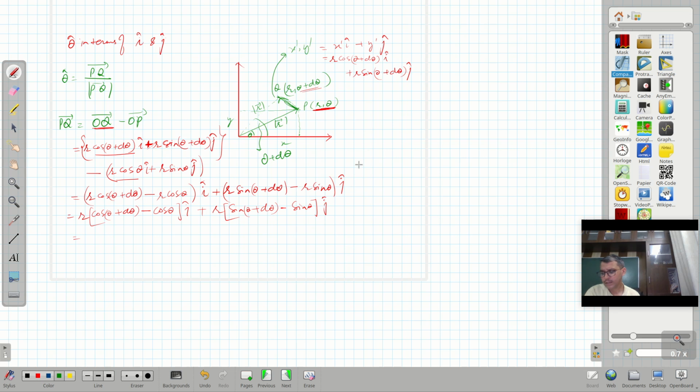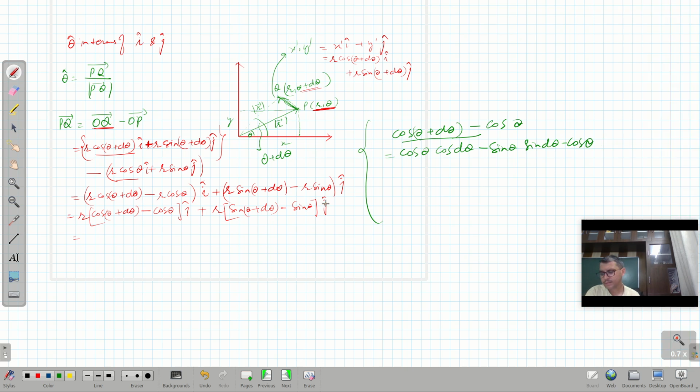Yeah, it is cos of theta plus d theta minus cos theta. So using the expansion of cos of a plus b, it is cos theta cos d theta minus sin theta sin d theta.